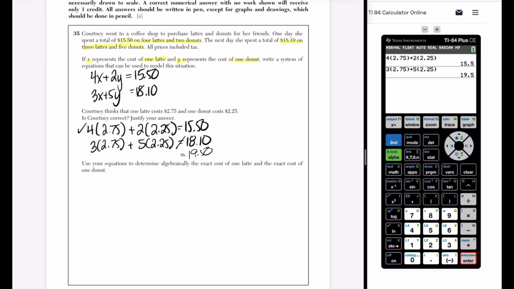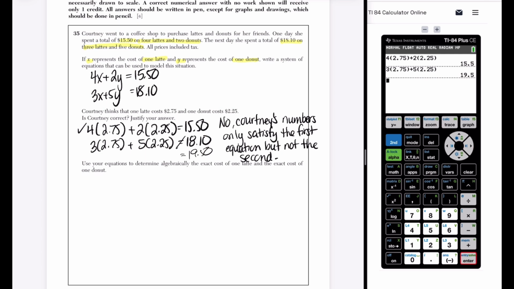So my answer is no. Courtney's numbers only satisfy the first equation, but not the second. Okay, so they just want to see again that you can justify it to see whether or not it's true. So they're looking for that.